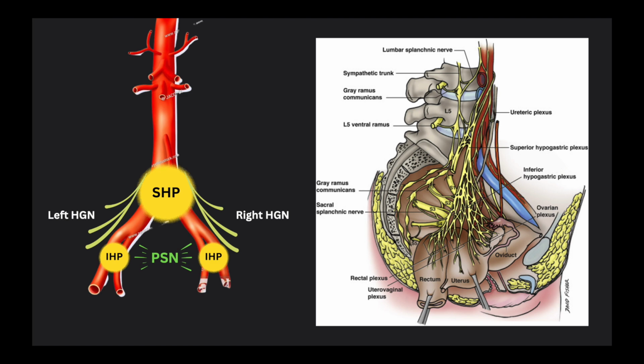Now this plexus gives two kinds of nerves, one on the left side, one on the right side, which are again sympathetic nerves. They are known as left hypogastric nerve and right hypogastric nerve. Now these hypogastric nerves again mix and match with the parasympathetic system, and the parasympathetic system is pelvic splanchnic nerve, and this pelvic splanchnic nerve is getting its fiber from, do you remember, from the sacral plexus.